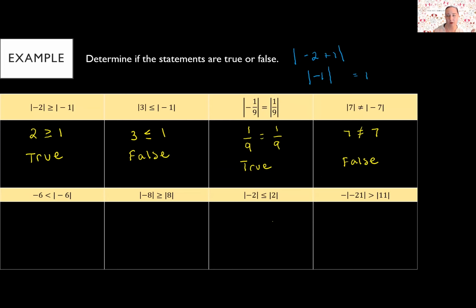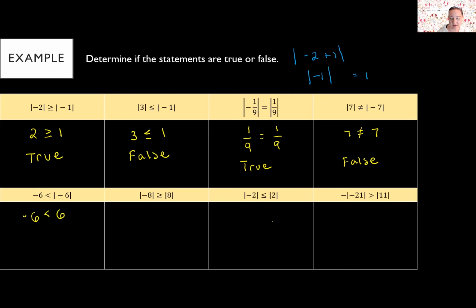So bottom left, we have -6 less than absolute value of -6. On the left, we don't have an absolute value symbol, so that stays as -6. On the right, we have the absolute value of -6, so that makes that positive.